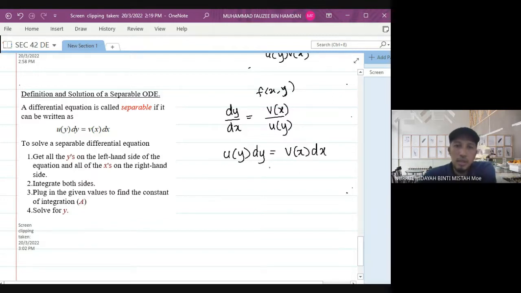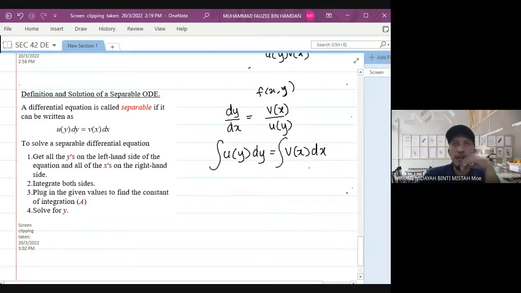The left hand side of the equation contains only y terms, and the right hand side only has x terms. What we need to do next is integrate. If you have strong knowledge about integration, this can help you to solve this ODE.